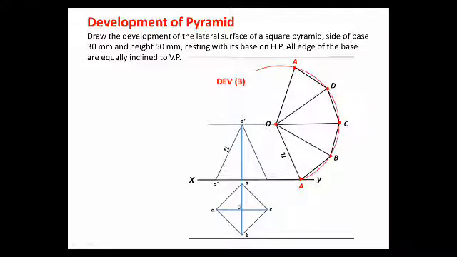For example, in this diagram the top view is totally dark, fine, A, B, C, D and lines joining from O to A, O to B, O to C and O to D. All these are dark.